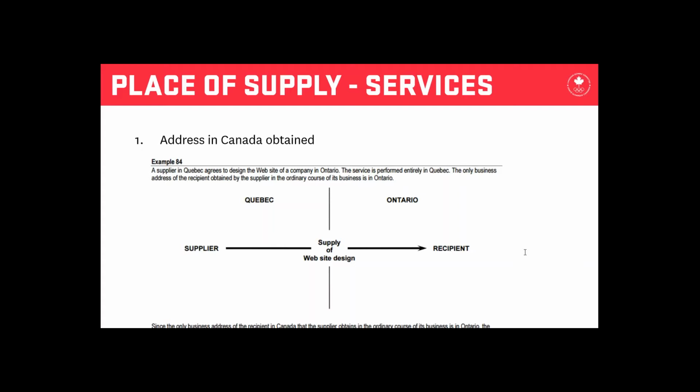So, in summary, when there's a service and there's only one address and the supplier has that address, they're going to tax you in the province of that address, and that's how it's supposed to happen. However, as we'll see later, it's not always the way that it works.